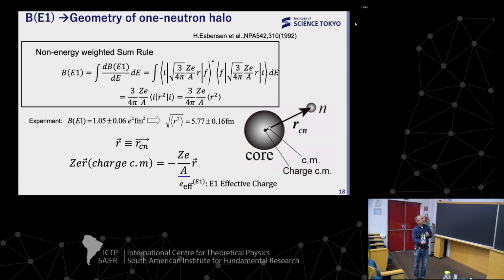This is R over A. In the case of a one neutron halo nucleus, 1 over A. So if you multiply the charge times this distance, this becomes ZE over A times R. This is nothing but the effective charge for electric dipole, so it comes here, ZE over A.